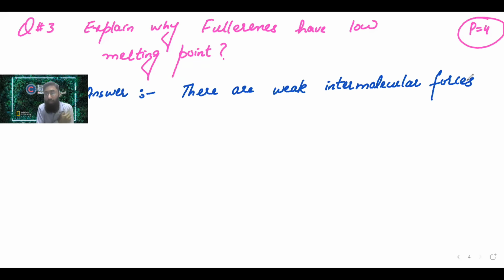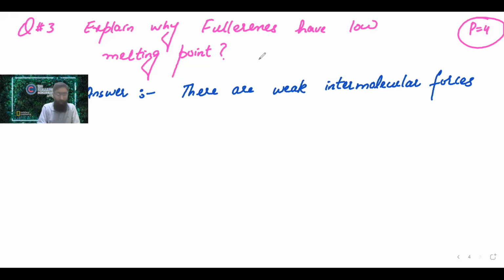This is different from covalent bonding, which is present within the molecules, because the covalent bonding within the molecule is strong enough. But when we talk about intermolecular forces, the force of attraction between one molecule and another molecule, we call that intermolecular forces.